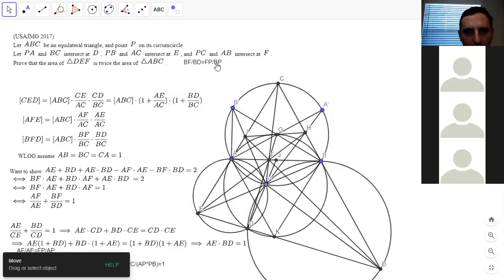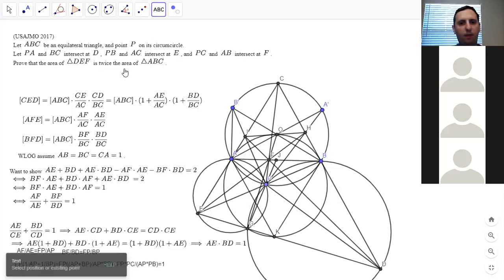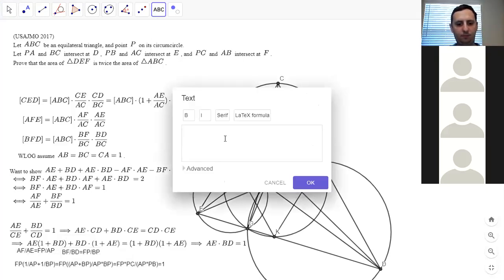There we go. Finally. All right, so I'm going to say by Ptolemy: PA times BC plus PB times AC is equal to PC times AB, which implies PA plus PB equals PC. Okay, so we use that there.